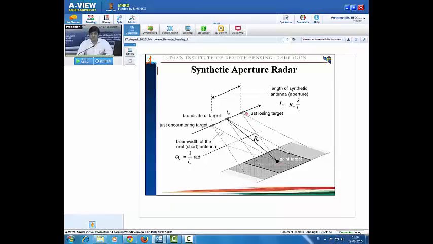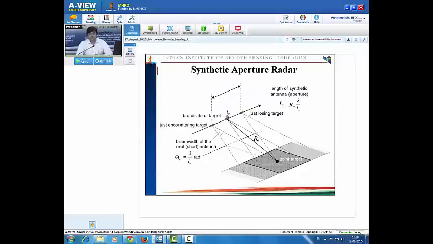So from this we can say that the antenna length will become very large, because the number of returns were continuously captured by the sensor from time t1 to time tn. So one can easily find out the synthetic aperture length from the radar geometry.